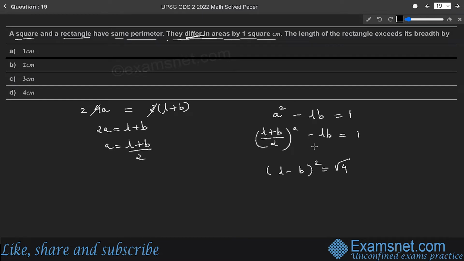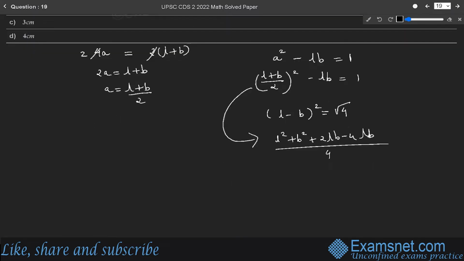And then we have to take the LCM also. So we can also do it as (L square plus B square plus 2LB minus 4LB) upon 4. So on further solving this, it will be equal to L square plus B square minus 2LB. It is equal to 4.